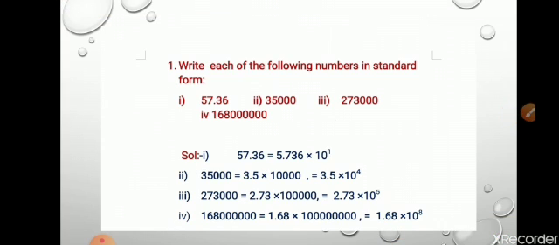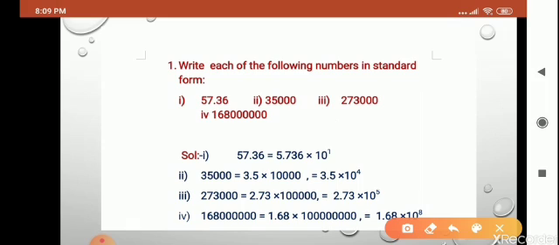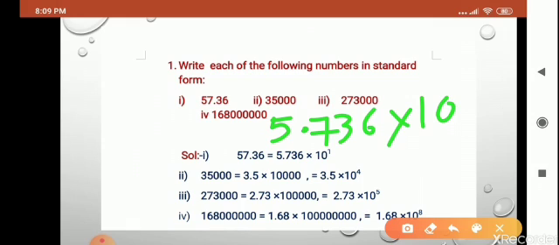First one is to write each of the following numbers in standard form. First, 57.36. So we follow these steps. First of all we write 5, then we mark the point and write 736 into 10 to the power.